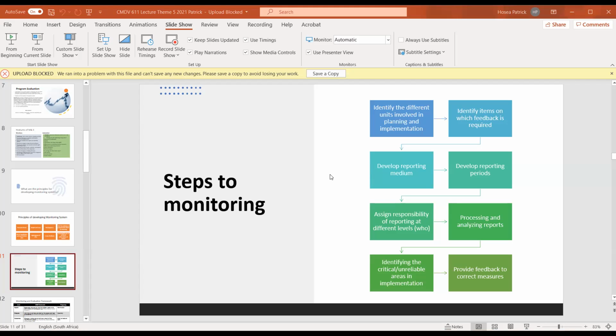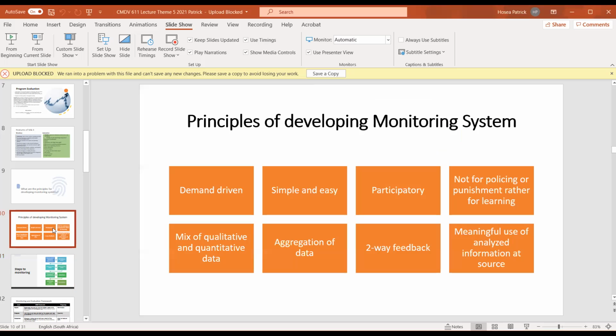Okay. So first you said you must identify the different units involved. Second, you must identify the items on which feedback is required. It goes back to the first point that we raised here, right? We said your monitoring system has to be what? Demand driven. That is the first point you must consider.